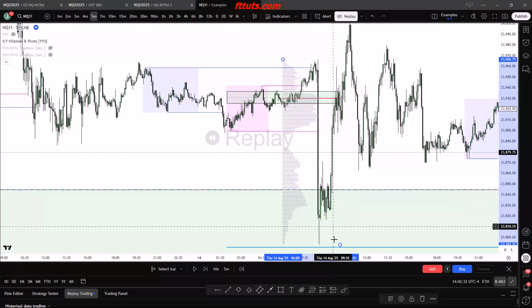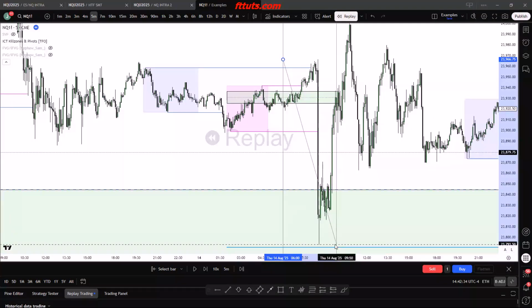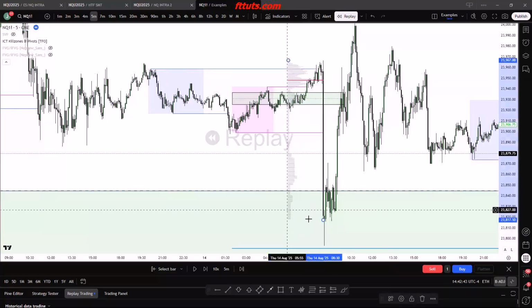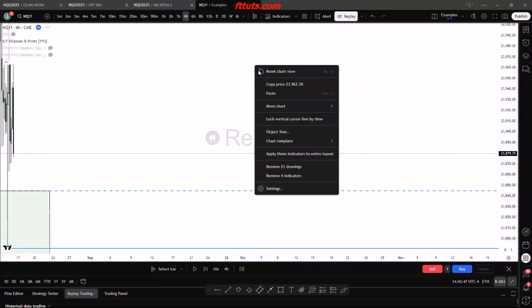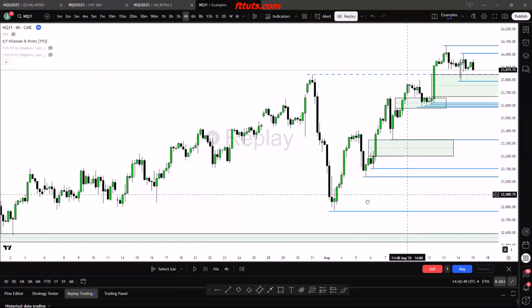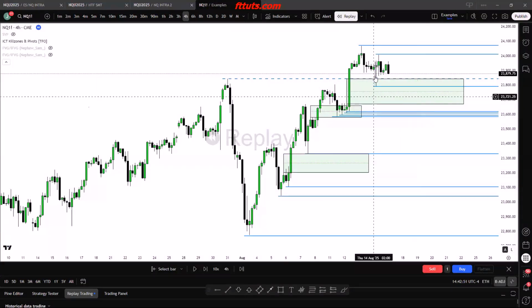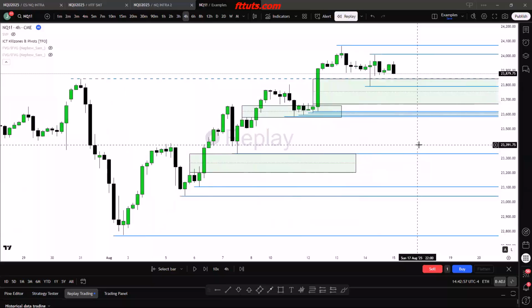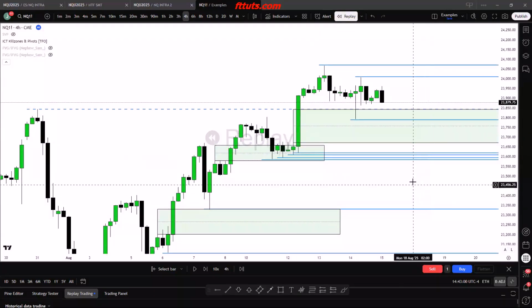Actually, I think I went too far. I think it's 5. Yeah, I think I got the wrong set. Anyway, what I'm trying to get at is that the highest volume of this candle, or most candles, are going to be within the body, not the wicks.